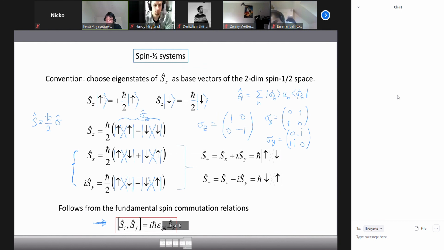Then we can form these ladder operators, as we just discussed before. So it's a very useful operator because it allows us to go from one eigenstate to another with different z component of the eigenvalues.